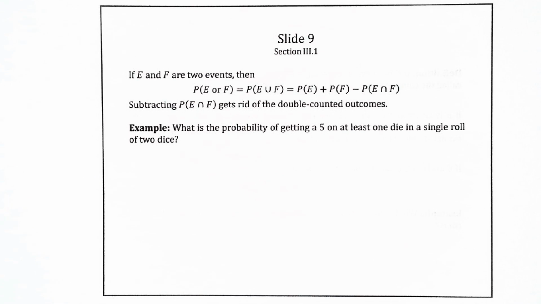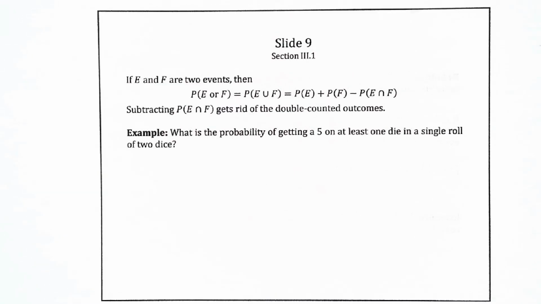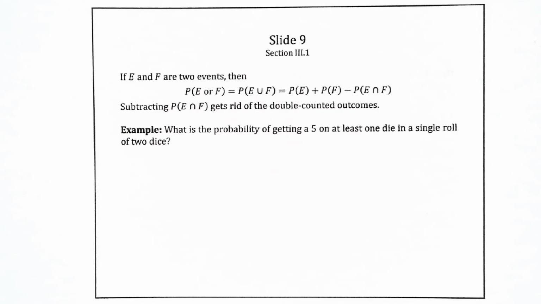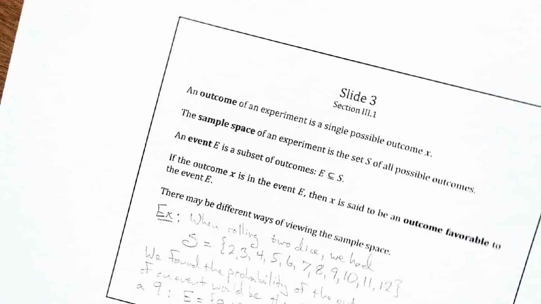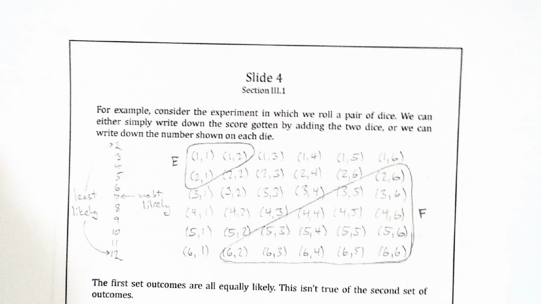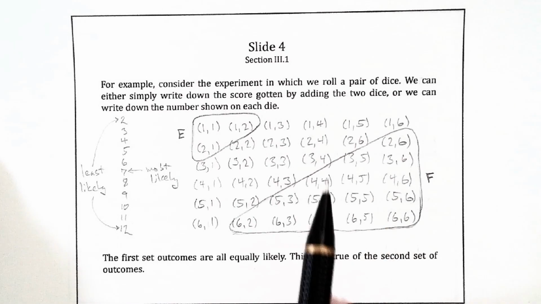So for example, what's the probability of getting a 5 on at least one die in a single roll of 2 dice? So I'm going to draw a part of the picture for this. I don't want to try to add it to the Venn diagram that we already had, but we have these two events in which we get at least one 5.